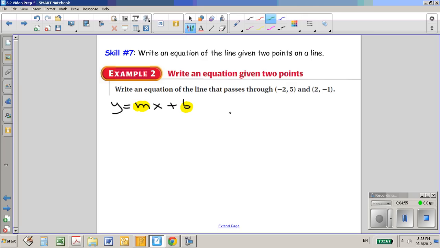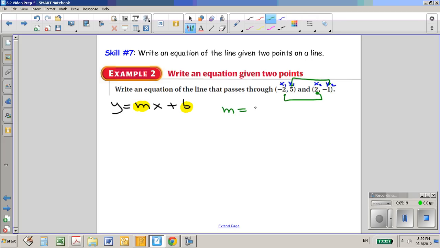So the first thing I'm going to do is find the slope. Remember that the slope was y2 minus y1, so I'm going to connect my y's, and over x2 minus x1. Okay. Some of you like to number or label this, so feel free to do that. This is your x1, y1, x2, and y2.